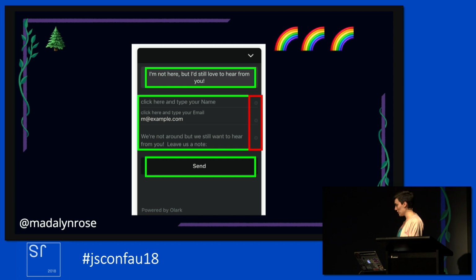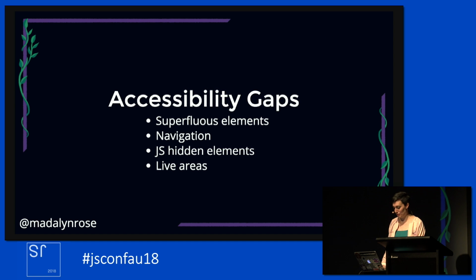However, you can't see which ones are required, and if any errors come up, like if you type in an invalid email address, for example, that error message is not communicated via screen reader at all. Again, just silence. You'll have no idea what's wrong. And if you press send, you won't really know that anything happened. So a lot of events aren't really making it.